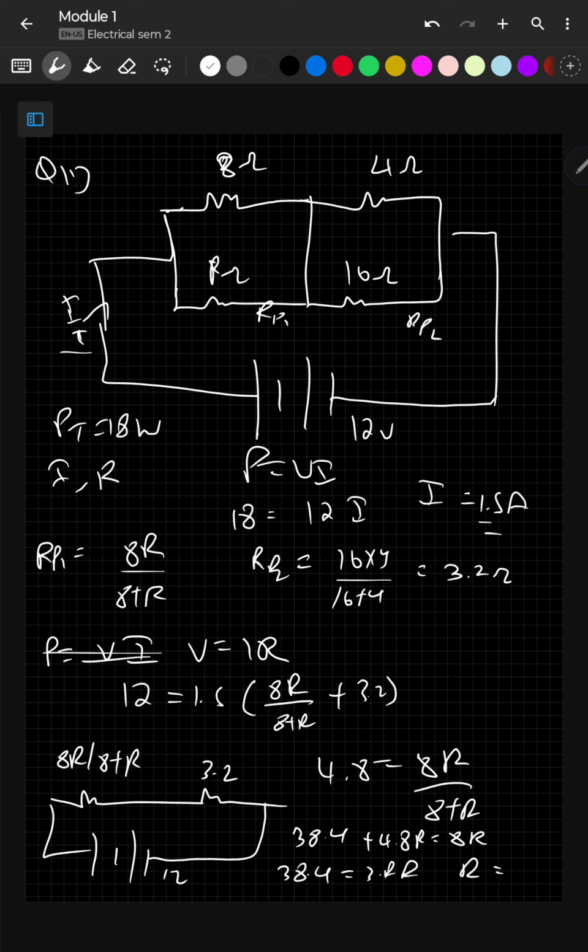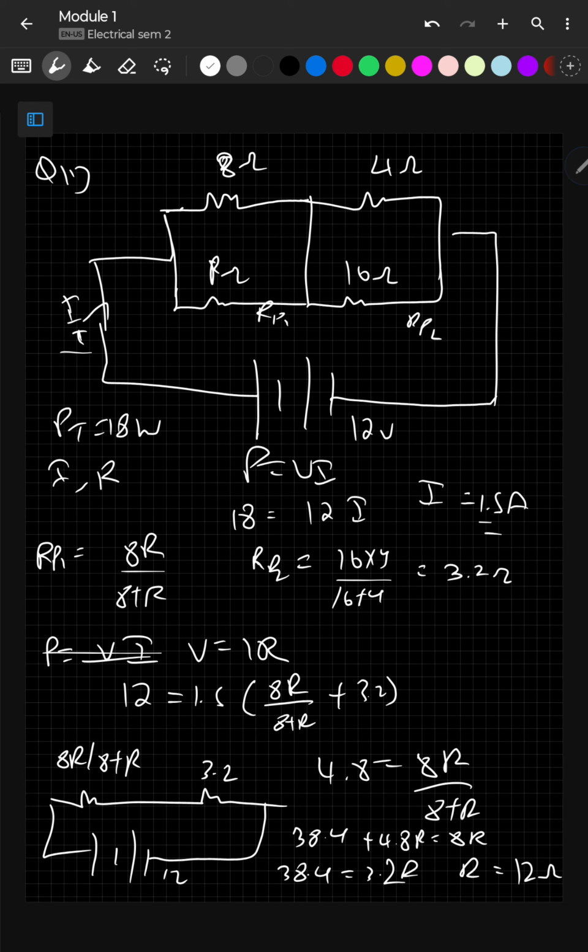R equals 38.4 minus 3.2, that is 35.2, I am getting. Let me cross check. Not minus, divide. So 38.4 by 3.2. R is 12 ohm.